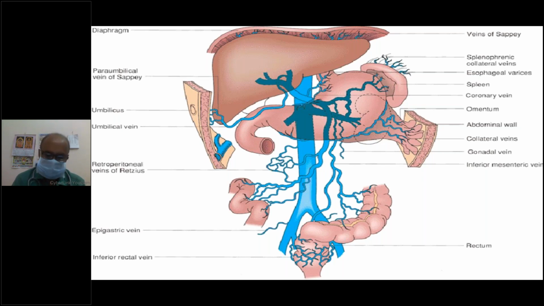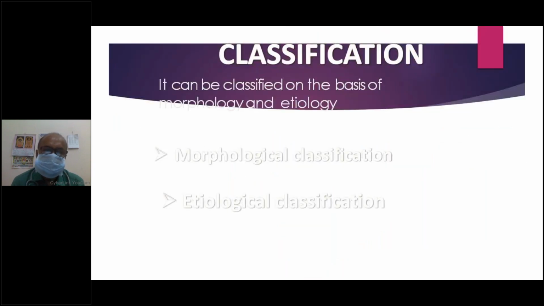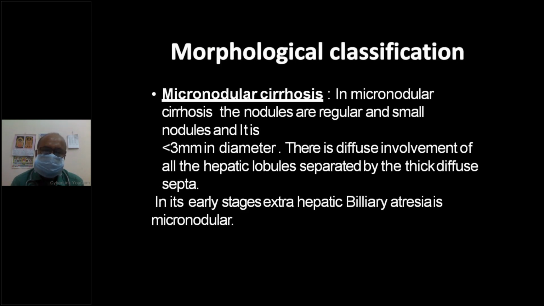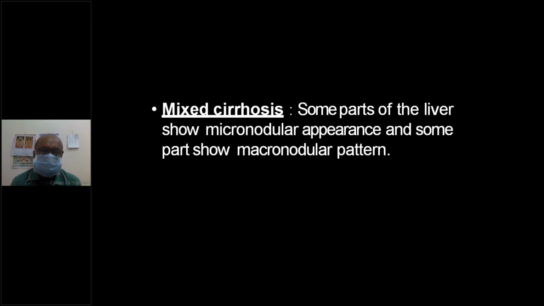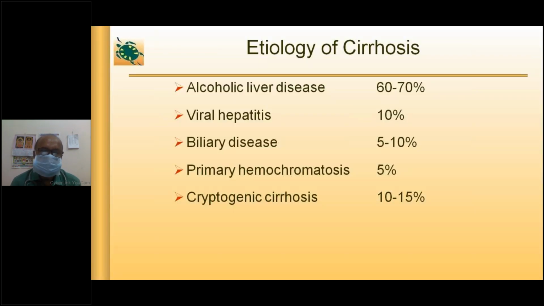Commonly, the patient with cirrhosis of liver comes with distension of abdomen. Various causes are there: pre-hepatic, hepatic, and post-hepatic causes. The commonest cause, in India or in other areas also, is alcohol in origin, 60 to 70% of cases. Alcohol consumption produces cirrhosis of liver.